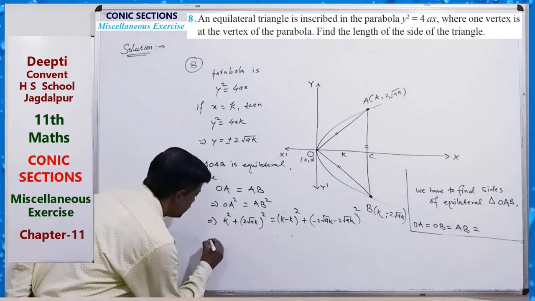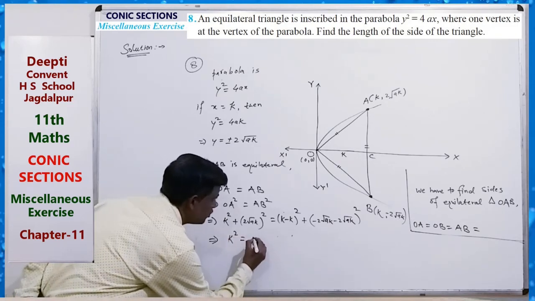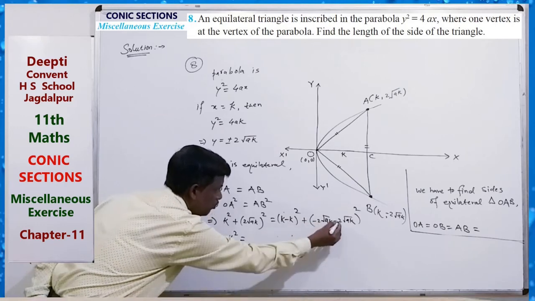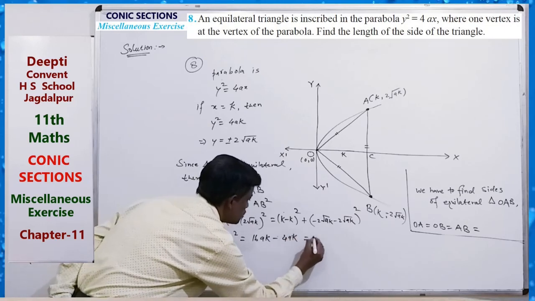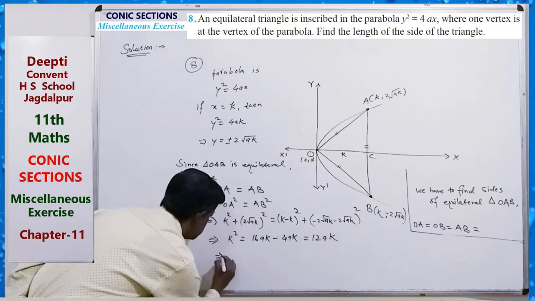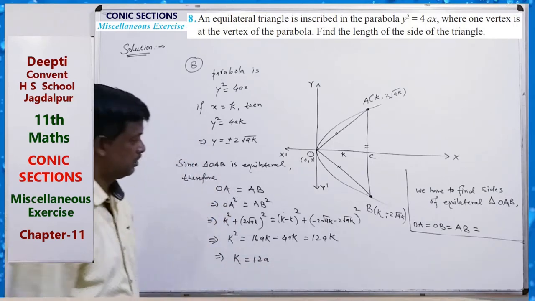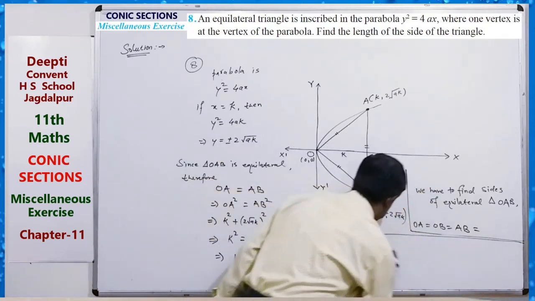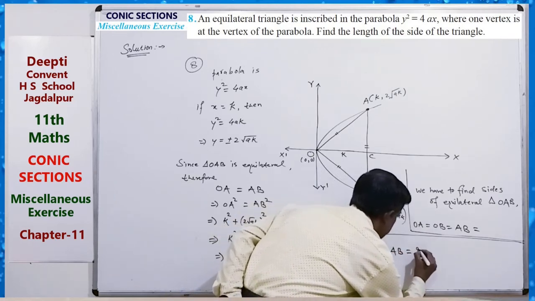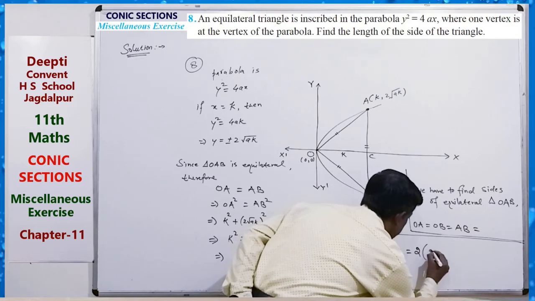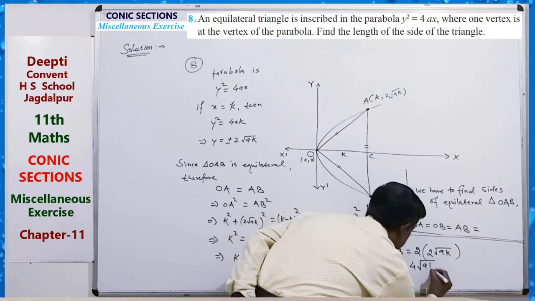so here k square equals 16 ak minus 4 ak, which equals 12 ak. So k equals 12a. Thus AB equals 2 times 2 root ak, so 4 root ak.